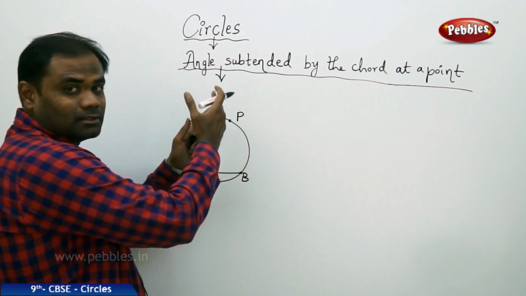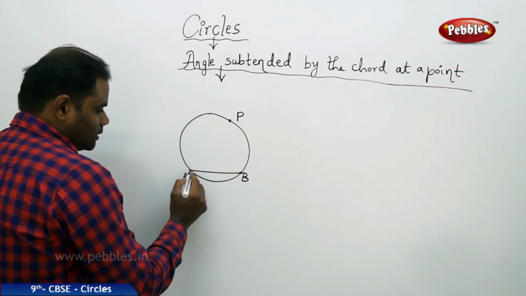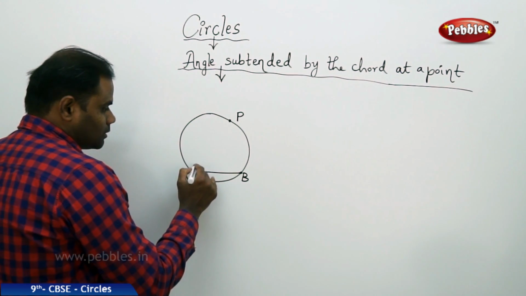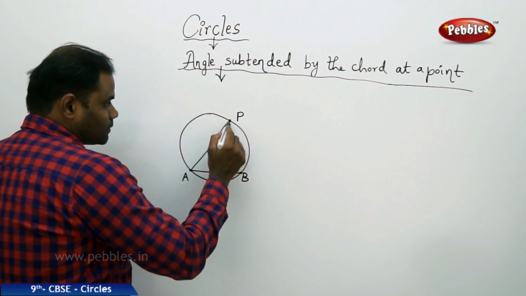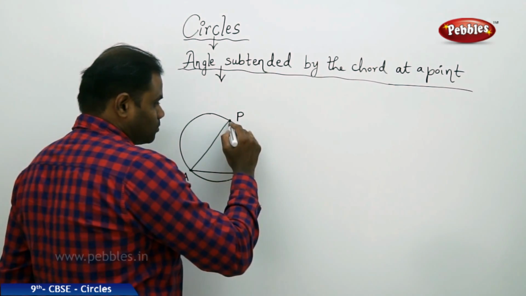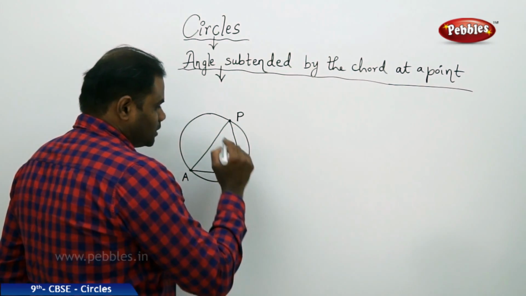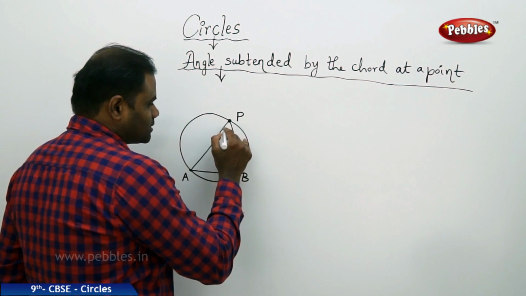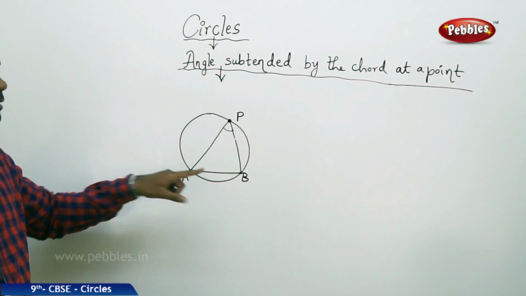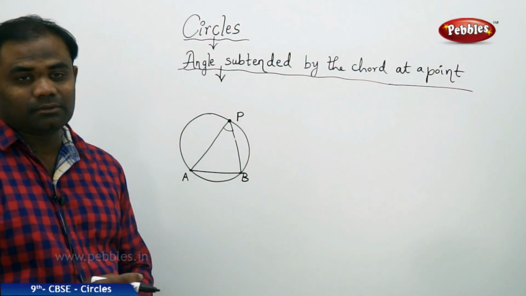The left end of the chord AB joins with P, and the right point of the chord AB also joins point P in a manner that it subtends an angle, and this is called the subtended angle made by the chord AB.